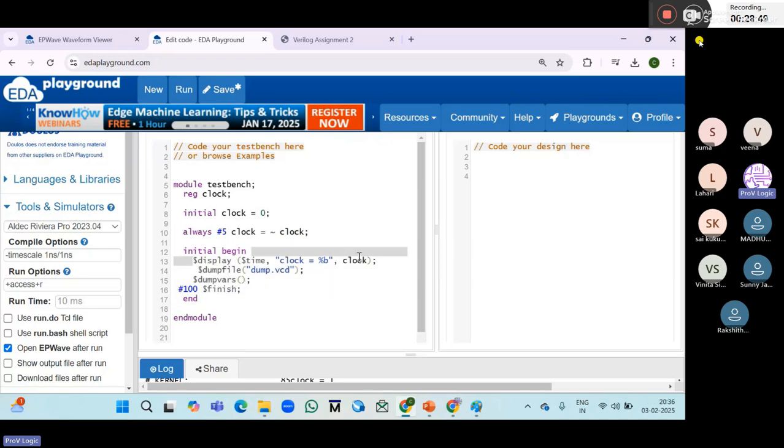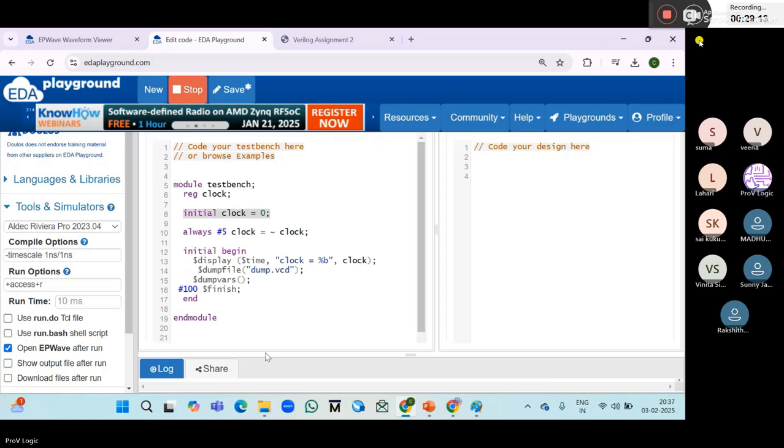So obviously this display statement will be executed at 0 simulation time. That means clock equal to 0 will be printed. There is no chance to print clock equal to 1 because it is executing at 5 simulation time. So if you check the output, we will get only clock equal to 0.